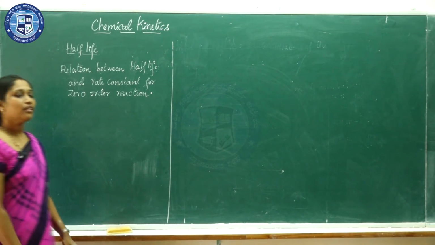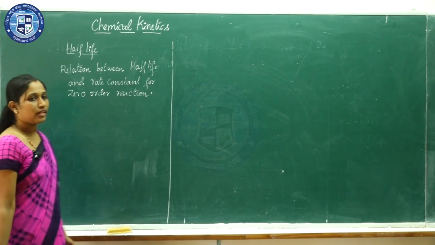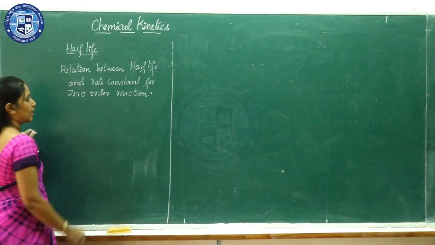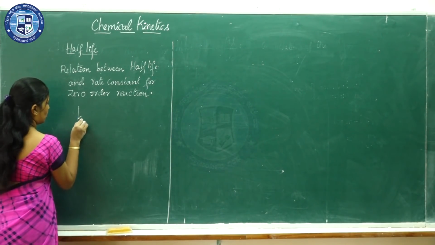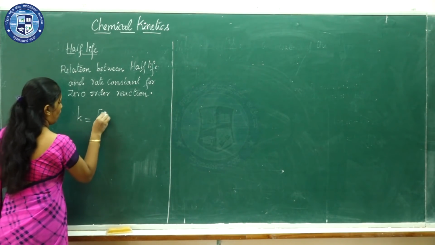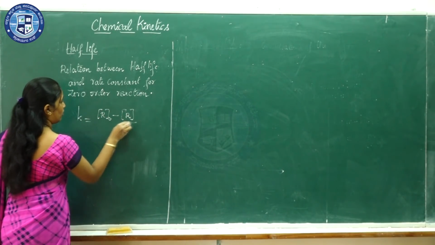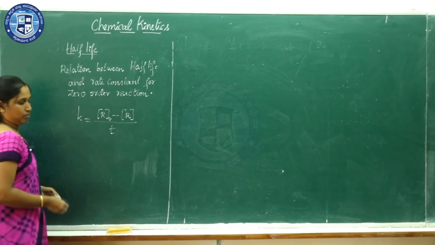So, how will you write this relation? Again we are going to make use of the zero order integrated rate equation, that is K is equal to R naught minus R divided by T.